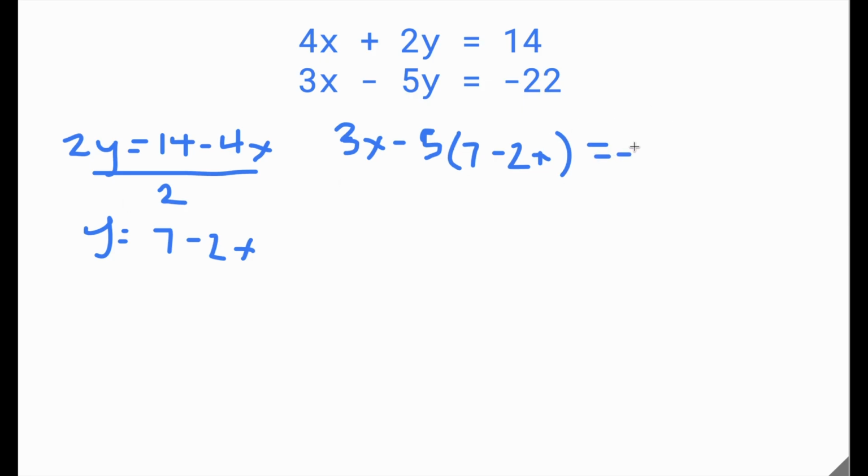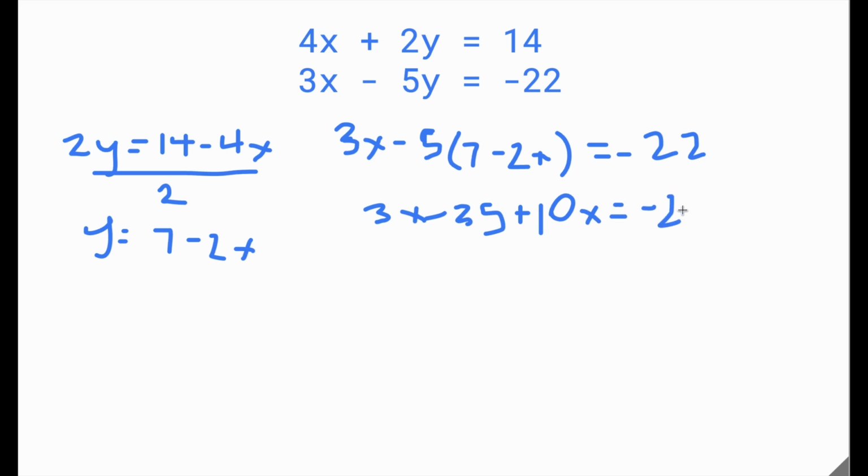Equals negative 22. So to simplify, that's going to give us 3x minus 35 plus 10x, I apologize for the very messy handwriting, equals negative 22.